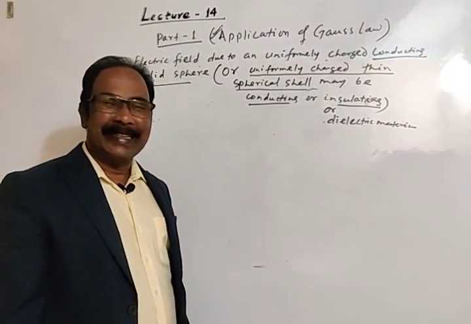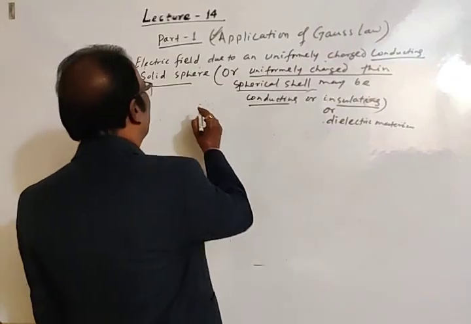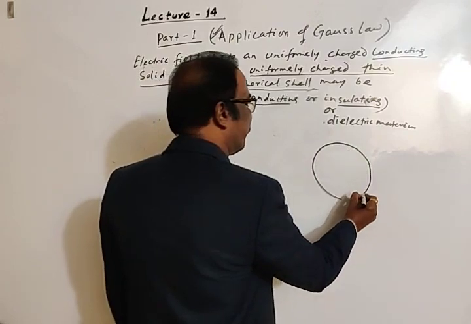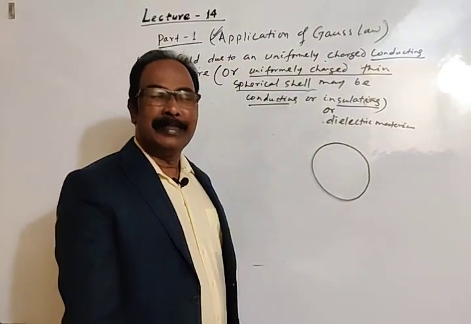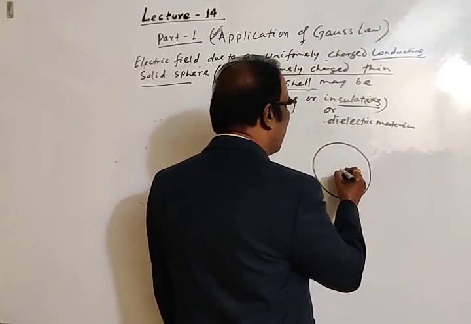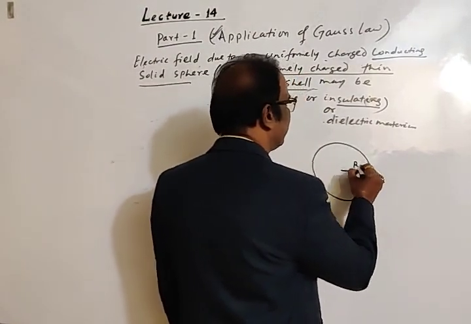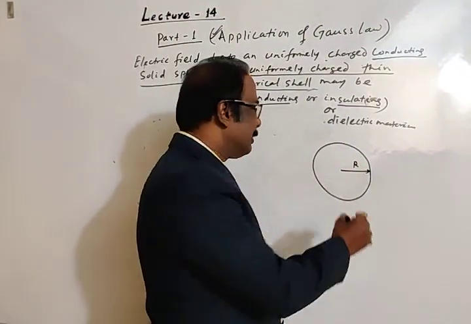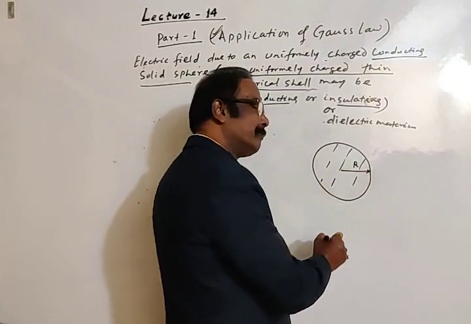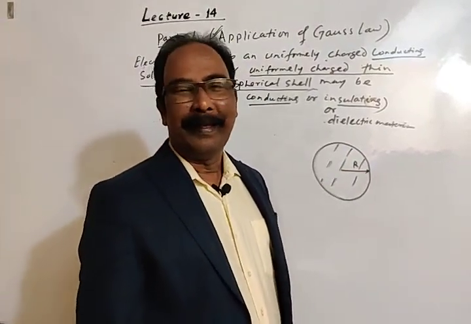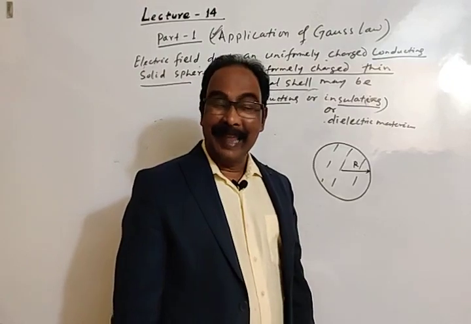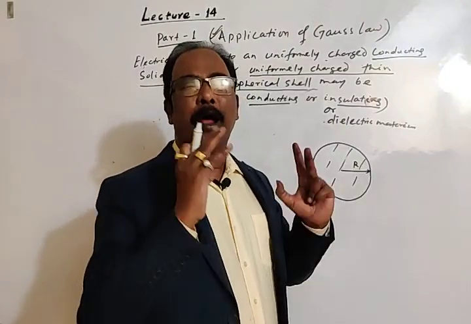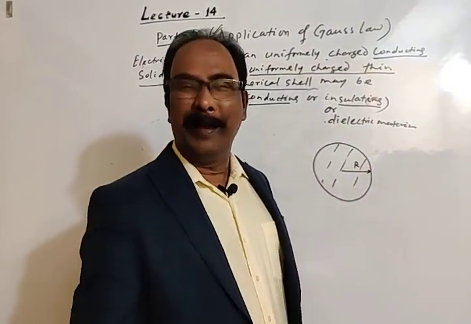Let's first discuss the conducting solid sphere. So this is a solid sphere, a conducting sphere. We may assume this is a metallic sphere of radius r. Okay, this is charged, means charge is given to the solid metallic sphere. And we have already discussed, a conductor has a high number density of free electrons or mobile electrons.